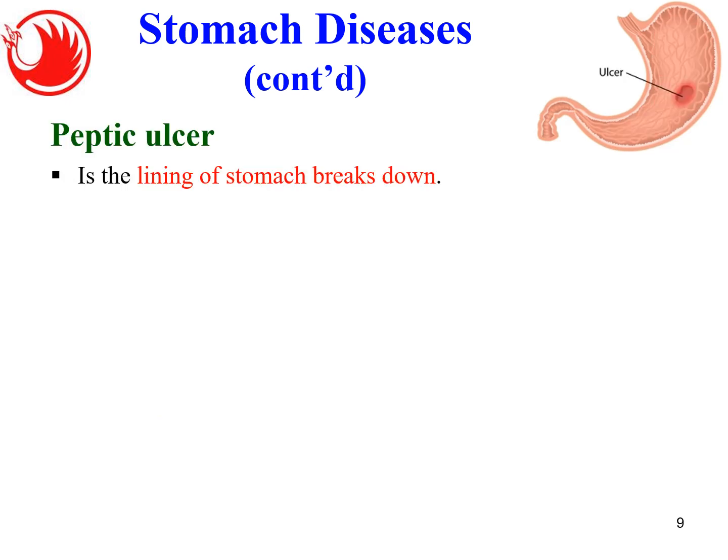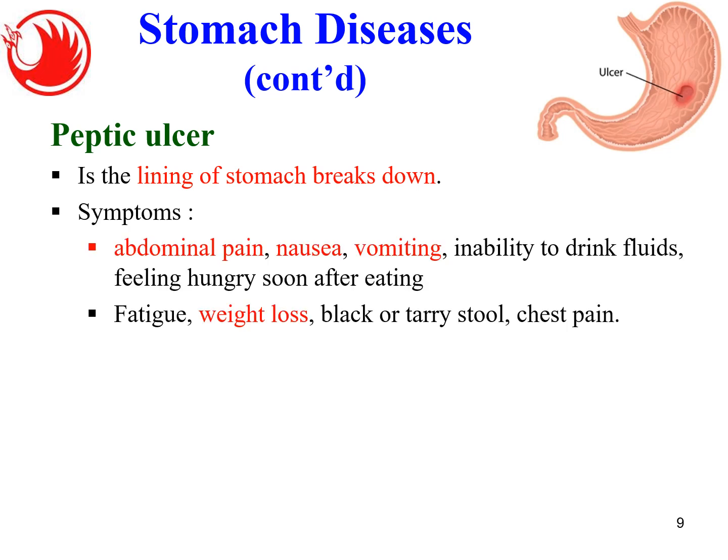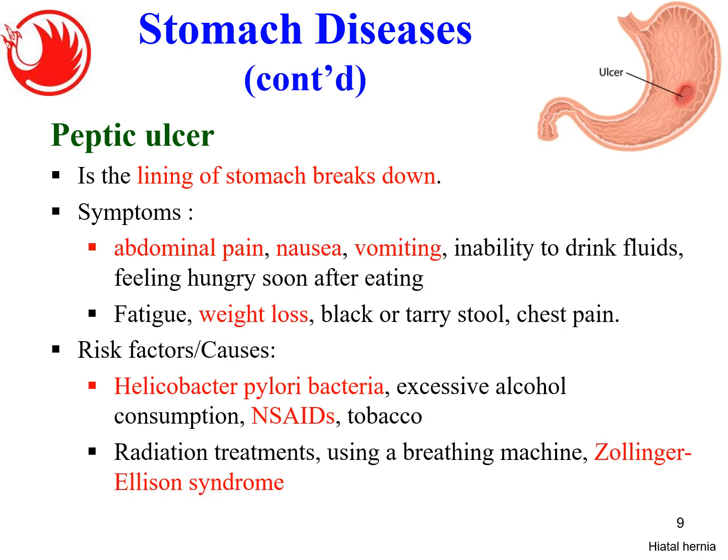Next will be looking at the peptic ulcer. Peptic ulcers are open sores that develop on the inside lining of your stomach and the upper portion of your small intestine, where the lining of the stomach has broken down.